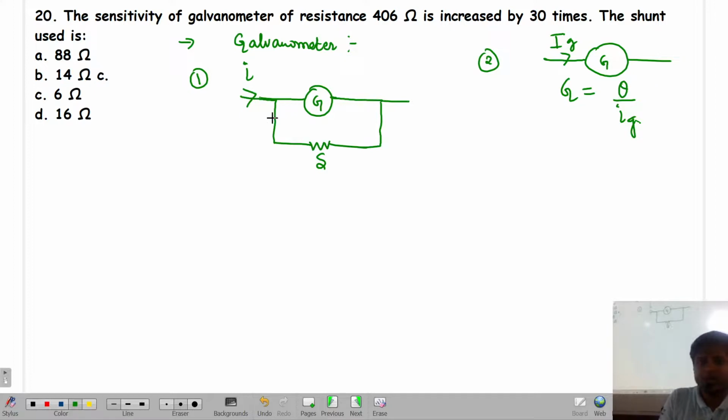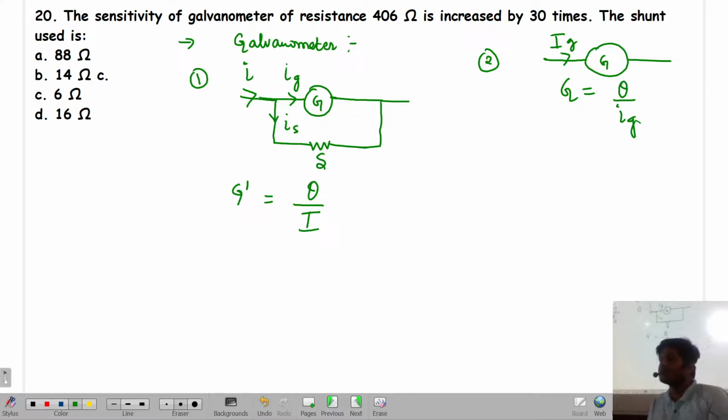So if I is passed, one current will pass through the shunt, another current will pass through the galvanometer or not? Tell me yes or no. And this time the deflection will be different or not? So this G prime here will be equal to what? It will again be theta, but this time with a different current I, or not? Yes or no?